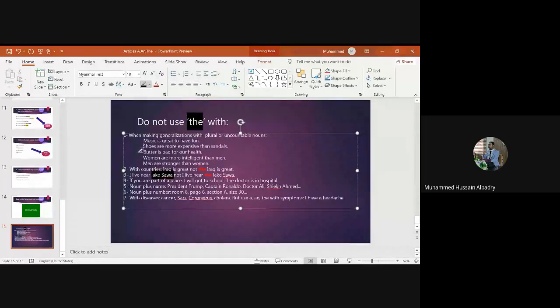Number 1, when making generalizations with plural or uncountable nouns. Generalizations means when you talk about something in general, don't use the. For example, music is great.